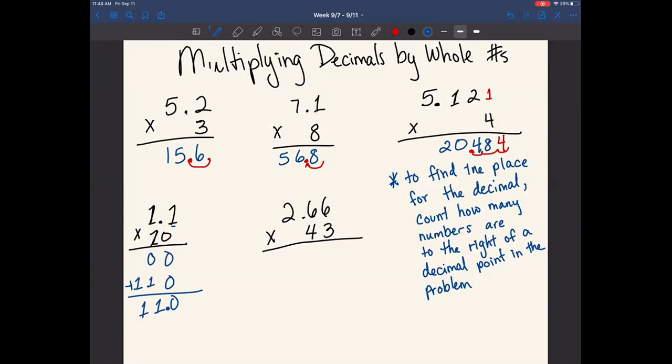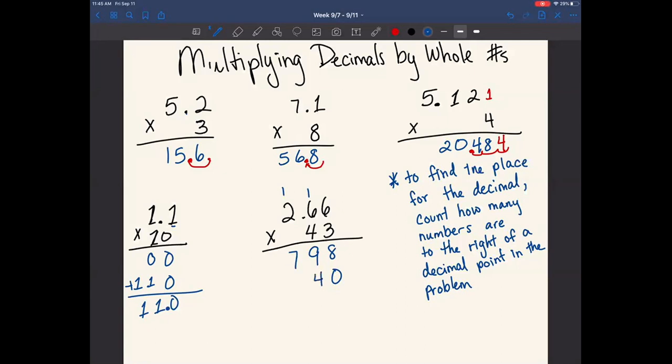All right, so we're going to do the last example we have here. What's 3 times 6? 18. 3 times 6 again is 18 plus 1 is 19. And then 3 times 2 is 6 plus 1 more is 7. Now I put my 0. And then 4 times 6? 24.